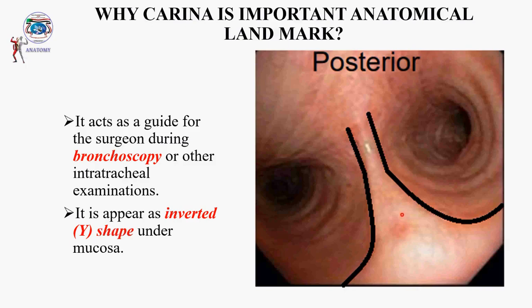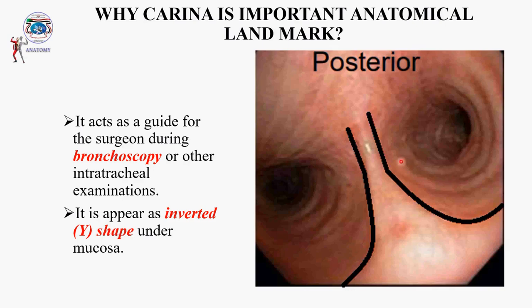It appears as an inverted Y shape under the mucosa, a little bit whiter in color than the adjacent mucosa of the trachea internally.